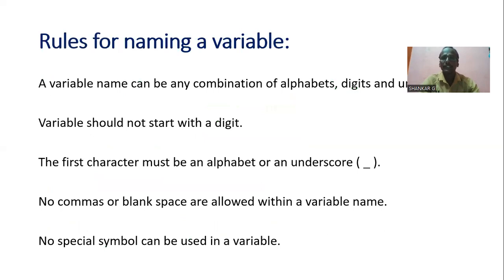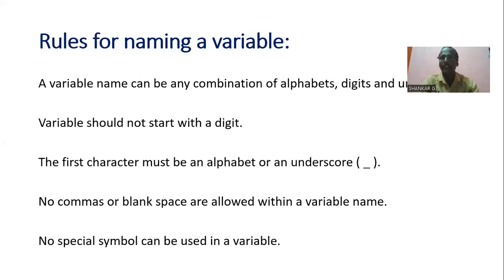And they have listed some rules for naming a variable. If you want to declare a variable or function, whatever it may be, generally we can call it an identifier. There is a set of rules for defining an identifier, whether you define a variable, function name, structure name, or array name.